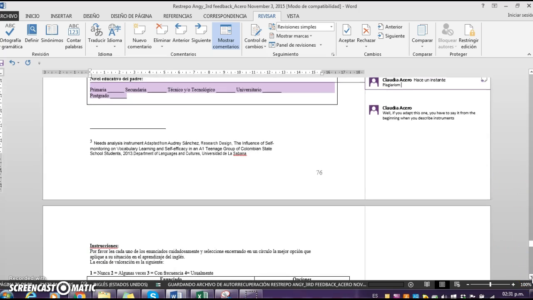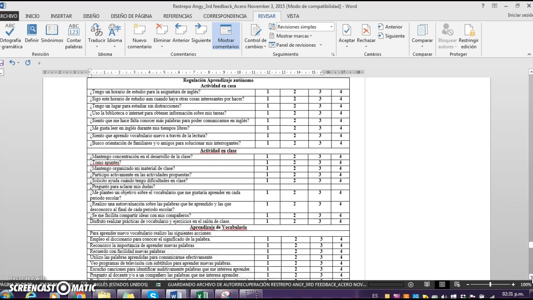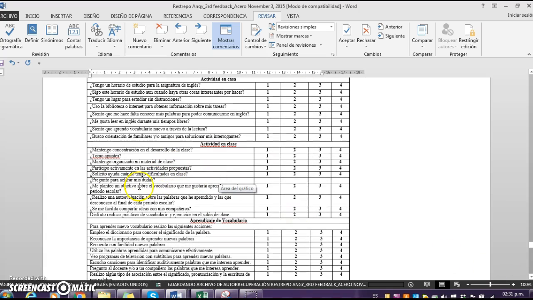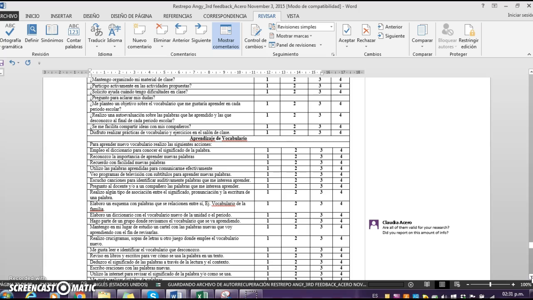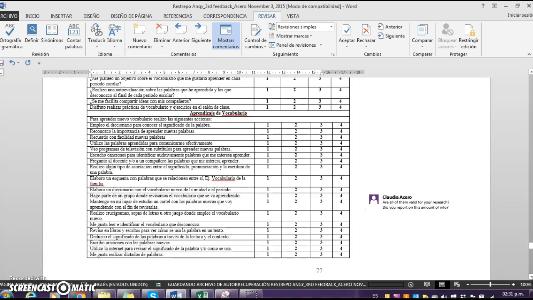But what worries me is that you are using these instruments with a lot of information, but this information was not presented in the data analysis. So the question is, if you consider that it was pertinent, which are the key questions that are related to vocabulary?